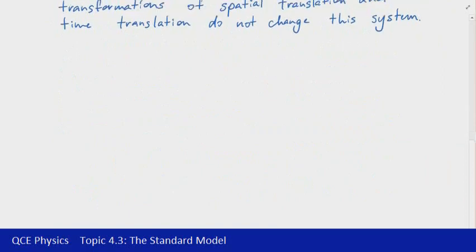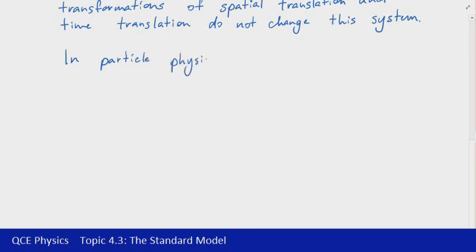Applying that more specifically to particle physics, there are three that we're going to have a look at, not in much detail, but just to tie back into this idea of symmetry. And these three are fairly significant when taken together.